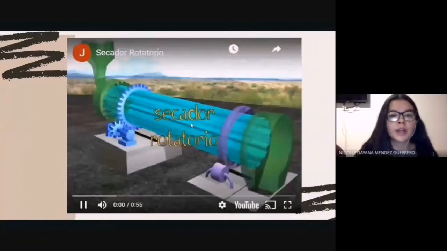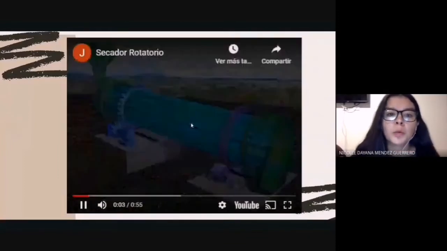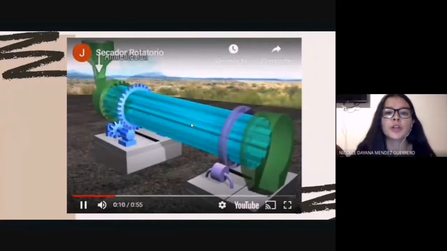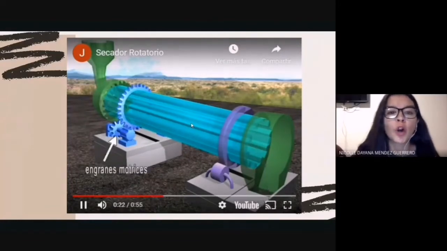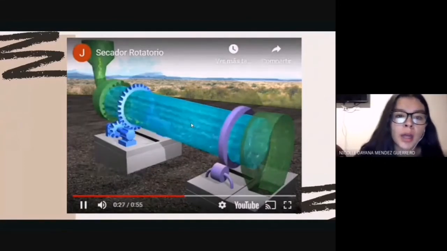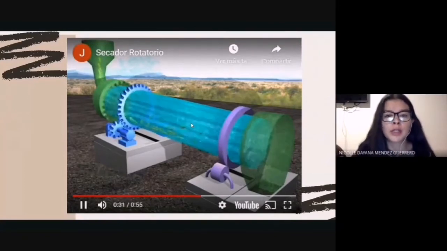Operation: the dryer consists of a drum that rotates on a central axis through which the material to be dried circulates. Normally, they have a slight inclination in relation to the horizontal. Inside the drum, a stream of hot air is introduced, which is simultaneously the heat transmission medium and the vehicle for the transport of material, in concurrent flow. The concurrent mode is used when the material is heat sensitive and for high drying rates in general.